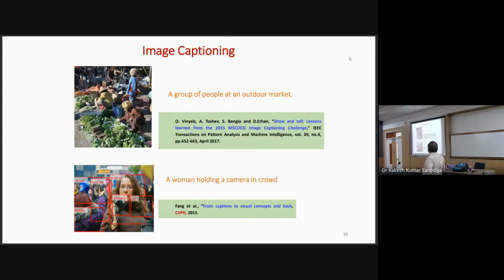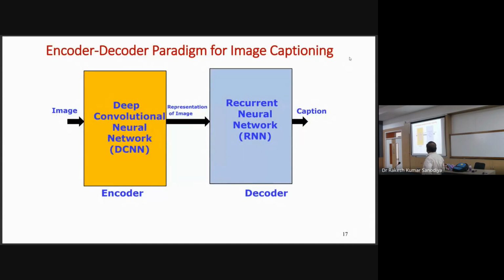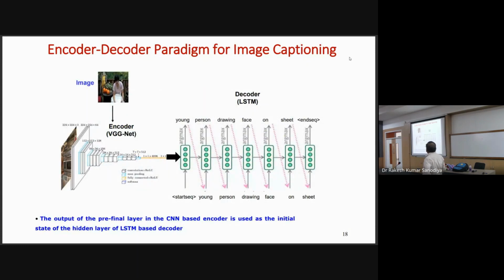So basically, we now explore the image captioning task, where we use the CNN model and a recurrent neural model in the form of an LSTM, right? So I give the image as input to the CNN model, but I take out the final layer, because the final layer is required for the classification. So we take the output of the pre-final layer of the CNN model, which is supposed to contain the representation of the image.